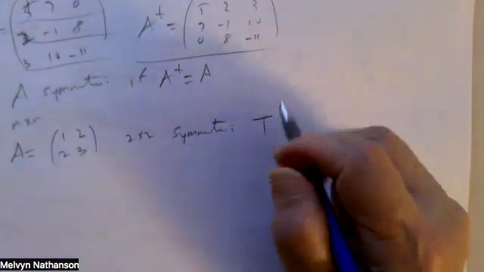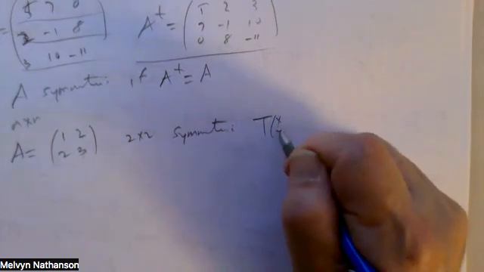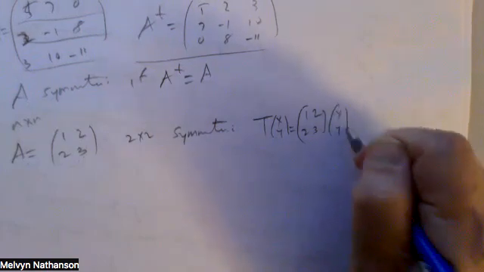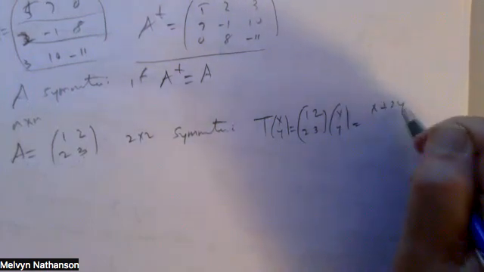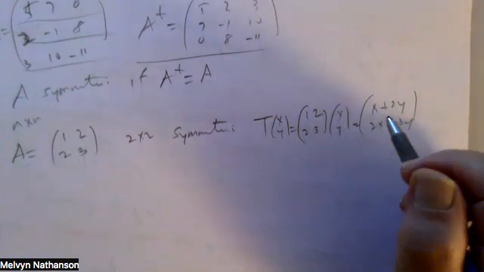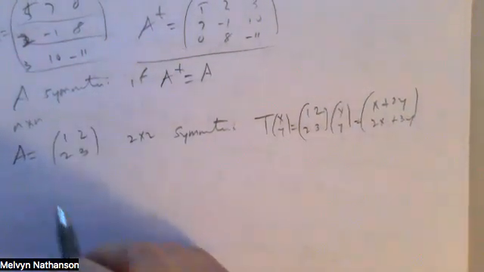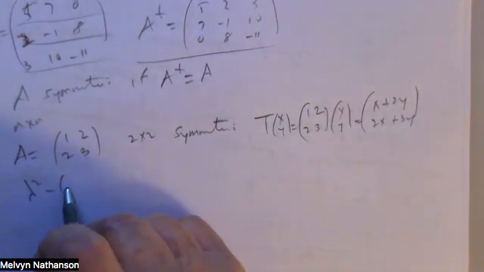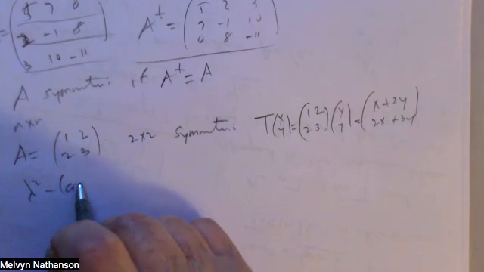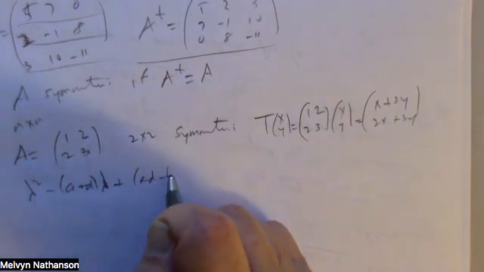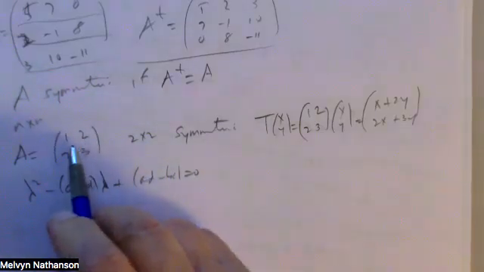So our associated linear operator, T of xy, is 1, 2, 2, 3 applied to xy. That's x plus 2y, 2x plus 3y. How do we find the eigenvalues? The eigenvalues are roots of the quadratic equation lambda squared minus (a plus d) lambda plus ad minus bc equals 0.